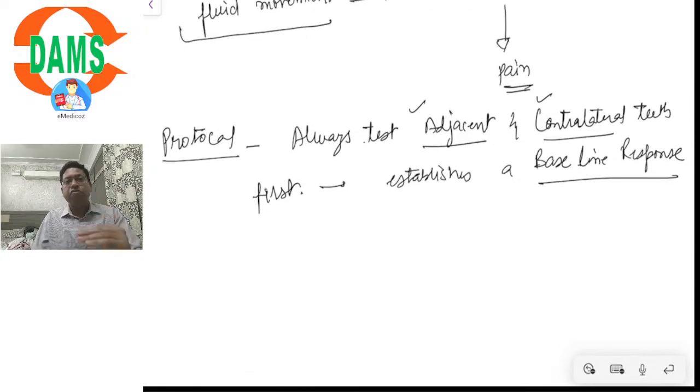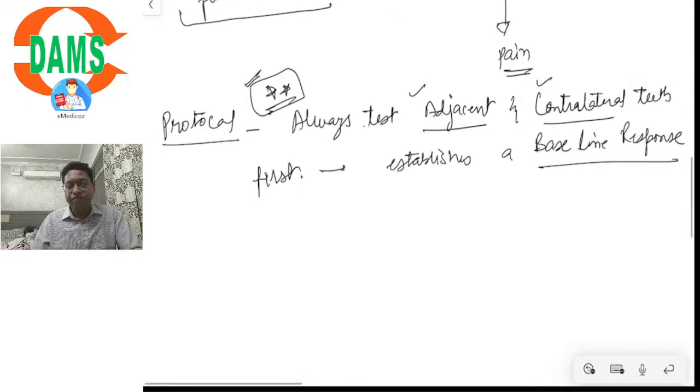So once the baseline response is established, we would know that at this particular level of application, the patient senses pain, and this is the natural tendency for the patient. So when we apply it to the offending tooth, we can compare it with the adjacent and the contralateral healthy teeth. This is the basic cardinal principle for testing the teeth via sensibility test. Sensibility means whether it is cold, heat, or EPT, you have to always test the adjacent and the contralateral teeth to establish a baseline response.